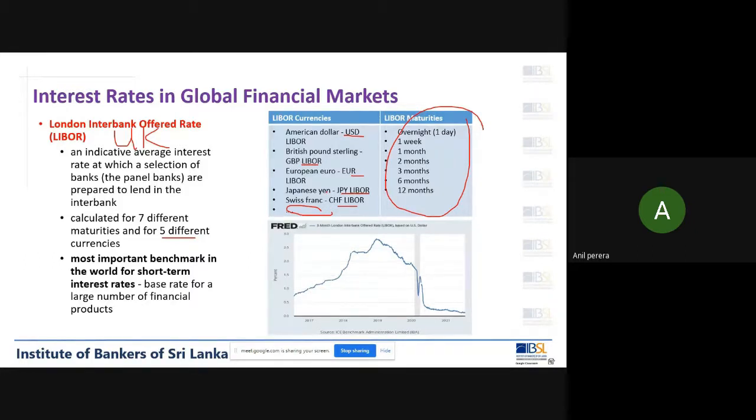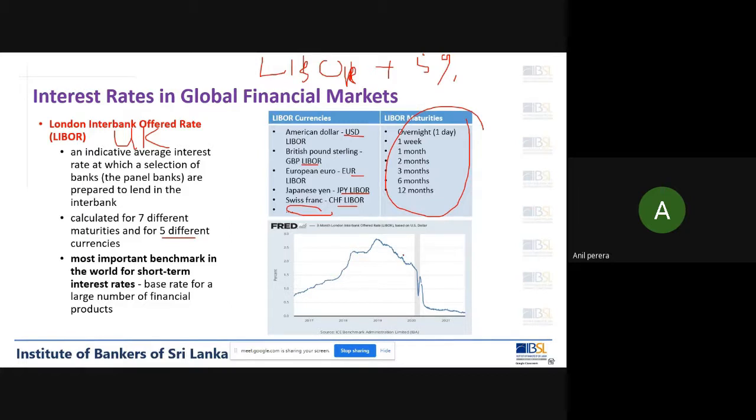Most financial contracts are priced based on LIBOR. Probably you may have seen in contracts, LIBOR plus 5%. So 5% is the margin. LIBOR is the basis or the average for all the rates for the contract. Okay.